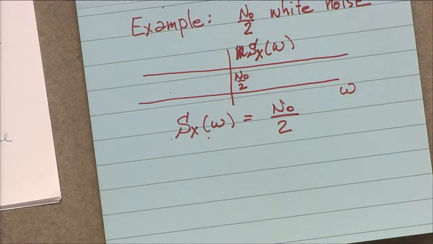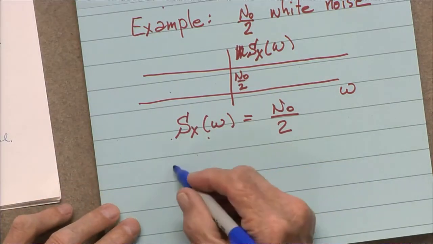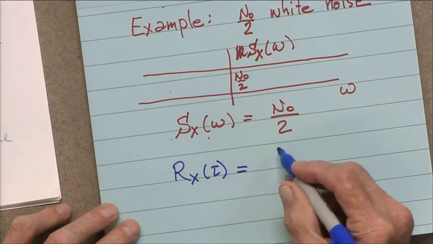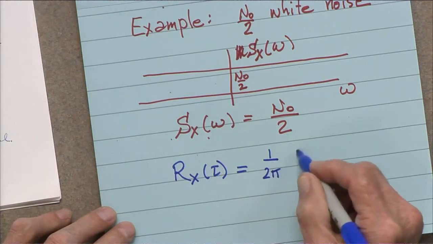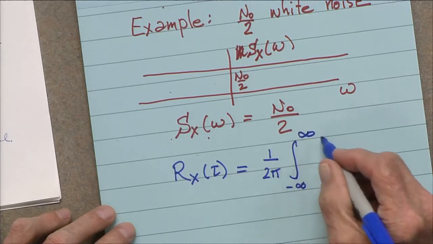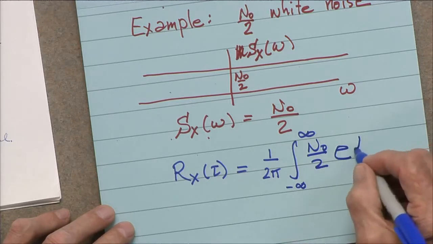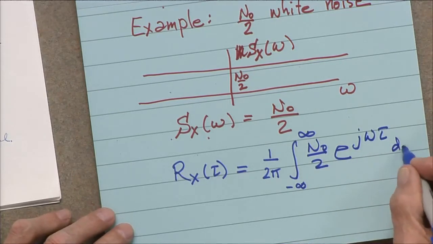And what is its autocorrelation function? R_X of tau equals 1 over 2 pi times the integral from minus infinity to plus infinity of N0 over 2 e to the j omega tau d omega.